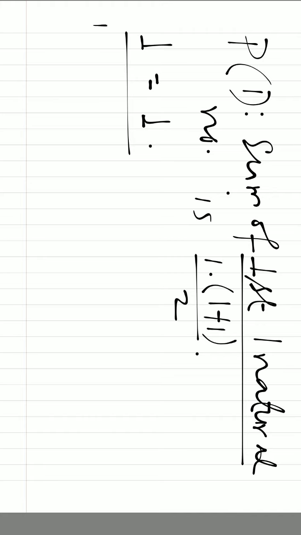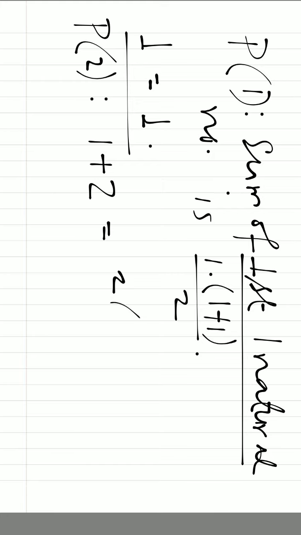If you are taking P2, then it will mean it is the sum of first two natural numbers. Instead of 1, now it will be 2. That means you can say it is the sum up to the natural number 2, that is 1 plus 2. And this can be written as, according to the statement, the sum should be 2 into 2 plus 1 by 2.